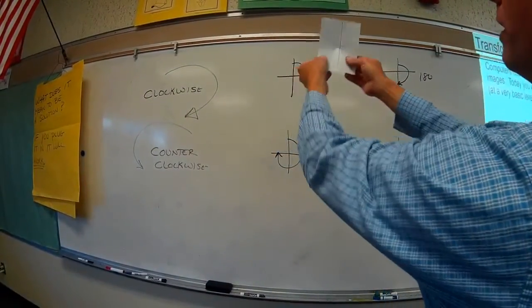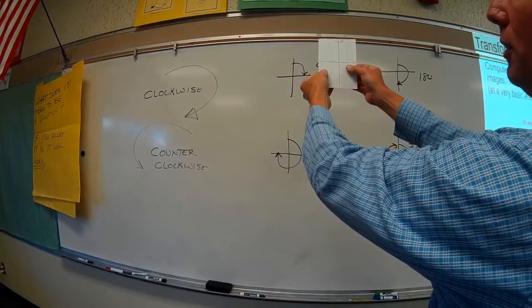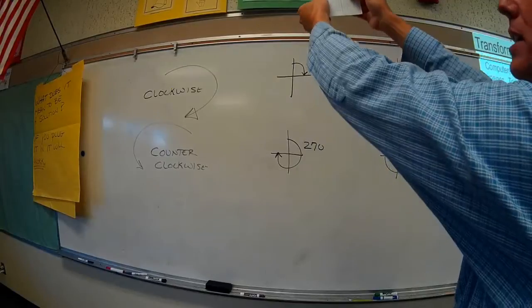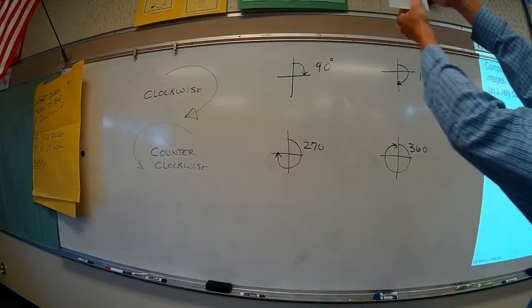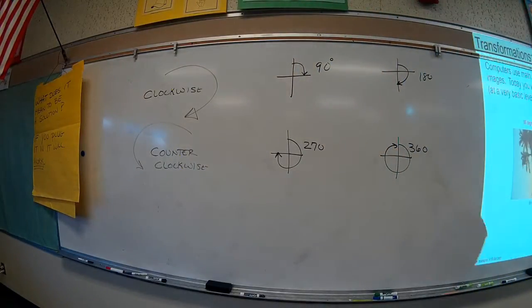Hold it like this in front of you so you can see it. We're going to rotate it 90 degrees clockwise. That's what you're looking at now. Send it back up to the up position.